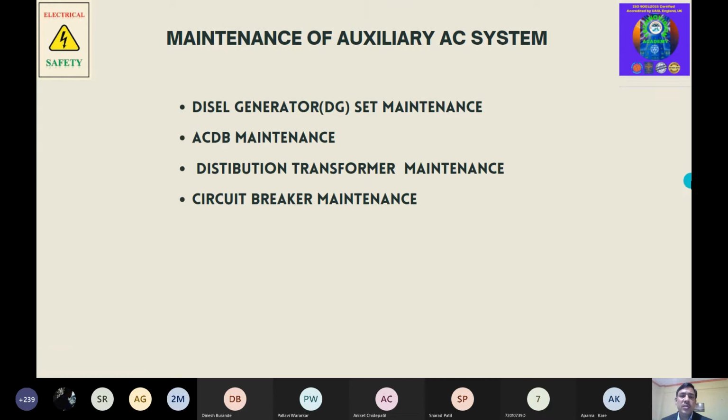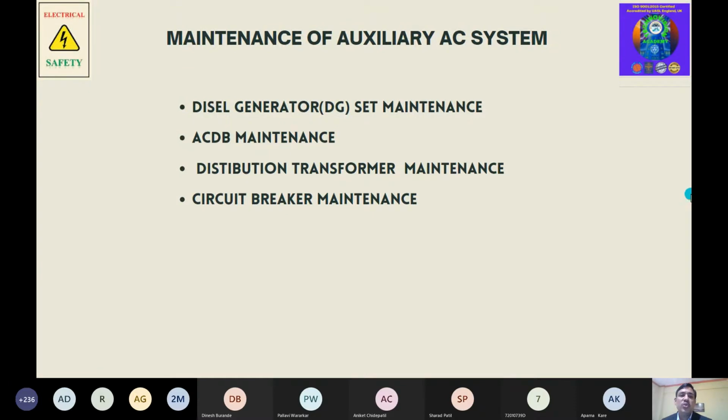So we have the DG set that we have to maintain. Suppose I have two auxiliary sources, but I have never checked whether, if one source goes out, the other source can stand, or maybe both sources get hampered and my DG set does not come. So what will happen in the station? I have to always ensure the availability of each and every auxiliary equipment.